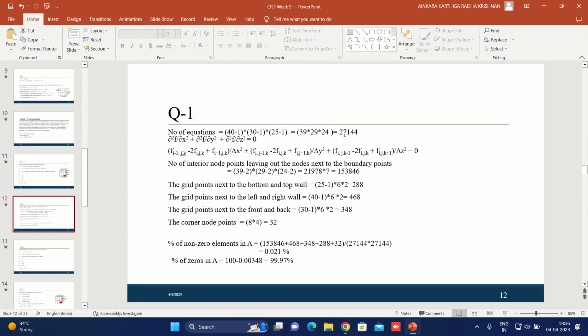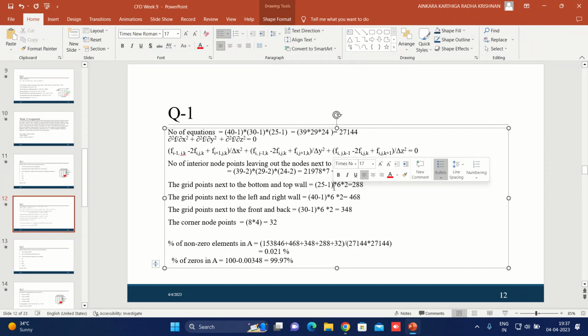The number of grid points. Actually, this would be 24.